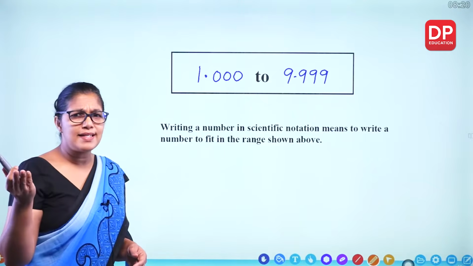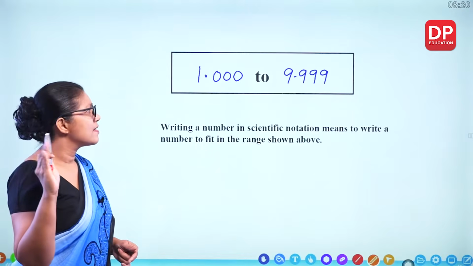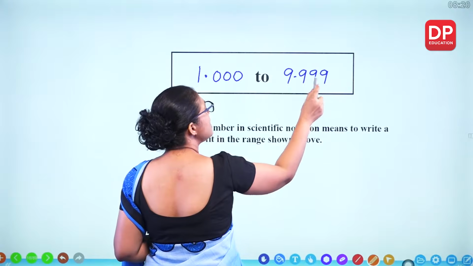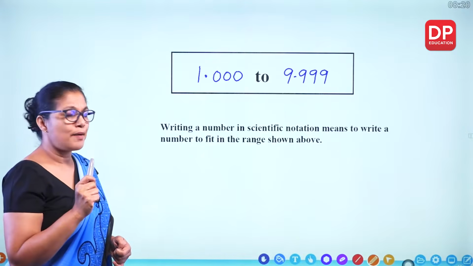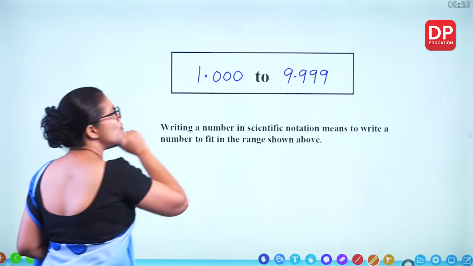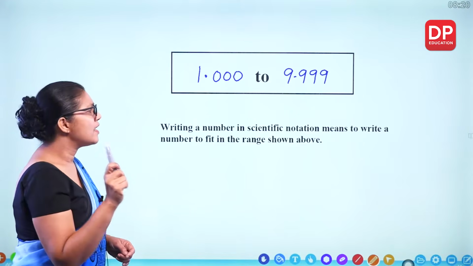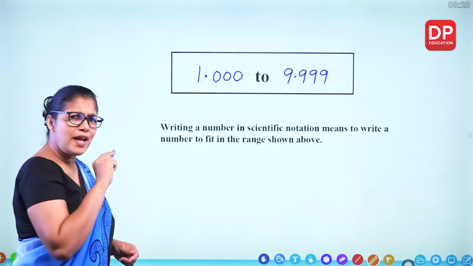For any number less than 10, you can take any number of decimal places. So I'll take 3, correct to 3 decimal places, this is 9.999. If we can put any number in between these two, we say that is scientific notation. Can we put any number into this range?